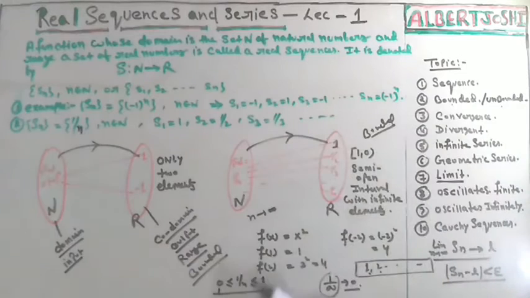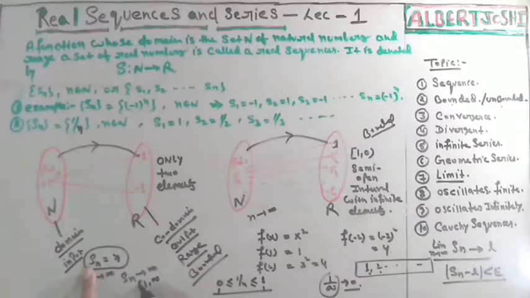What is the meaning of unbounded? Unbounded means, suppose you have any sequence Sn is equal to n. Okay, if we have this sequence Sn is equal to n, if we are increasing n tends to infinite, in this condition Sn is also converging to infinite. Okay, in this condition you can see that this function is unbounded. Okay, this function is unbounded, S1 to infinite.